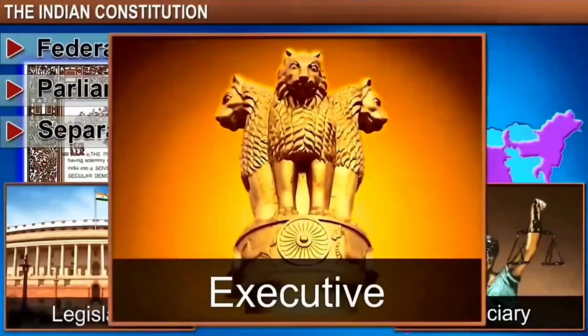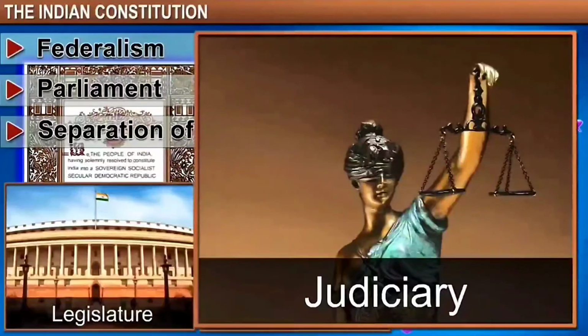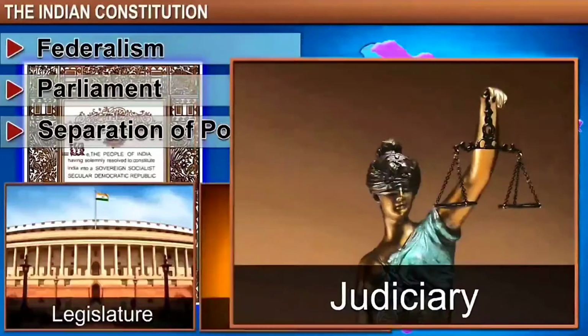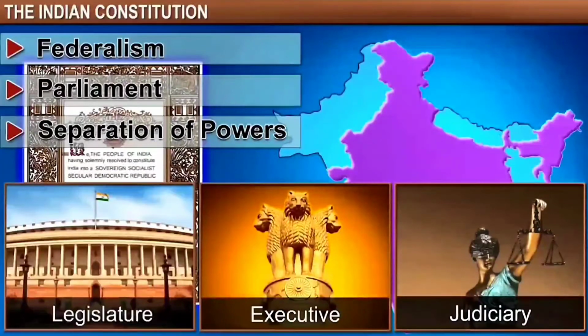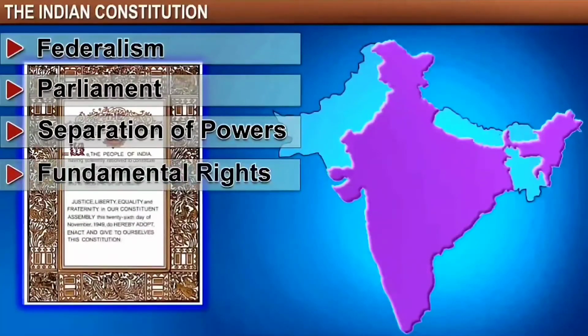The executive is responsible for running the government, for example, President and Prime Minister and all the cabinet ministers who make rules and regulations for its people. Judiciary refers to the system of courts in India, that is Supreme Court, High Court and District Court. The separation of power states that each of these organs exercise different responsibility and also each organ keeps the other organ in check. The fourth feature is fundamental rights.